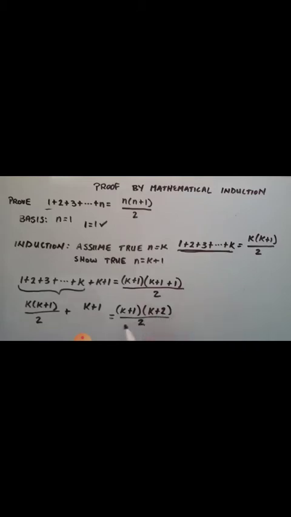Here every term has 2 as a denominator, so in order to make up one term, we multiply it by 2 in the numerator and divide it by 2, so it becomes 2(k plus 1) by 2. Here the LCM is 2, so we can easily add.